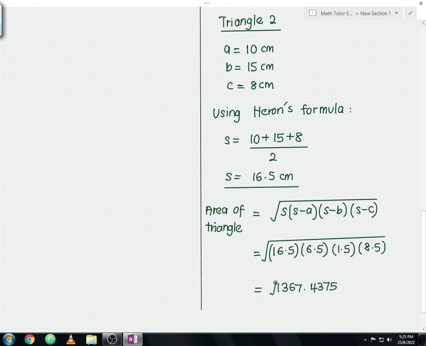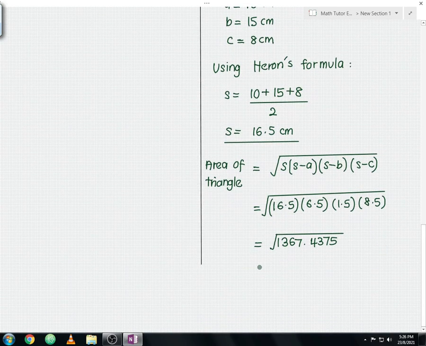So from here, when you square root this, you should get your area of the triangle equal to 36.98 centimeters square. So let me underline the second area of the triangle.